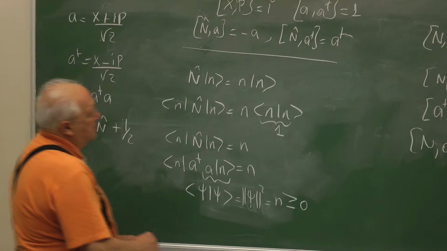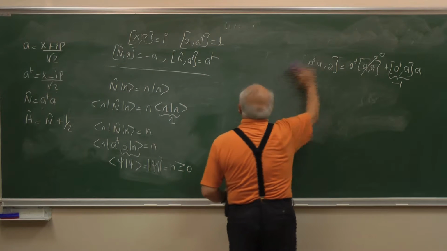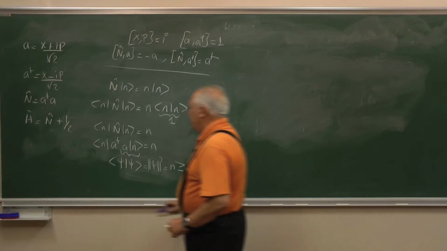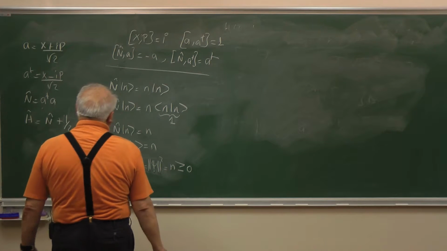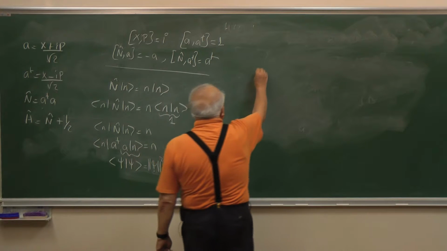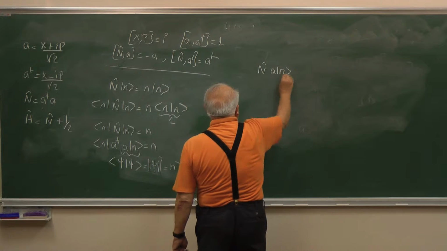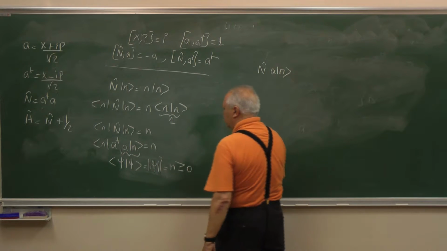I'm erasing this part. What is n a|n⟩? a|n⟩ is coming from here. Let's look at that.